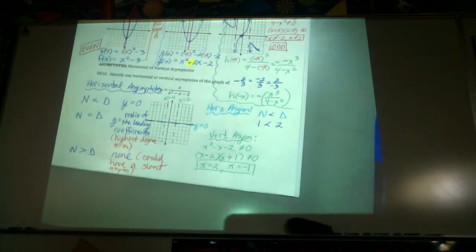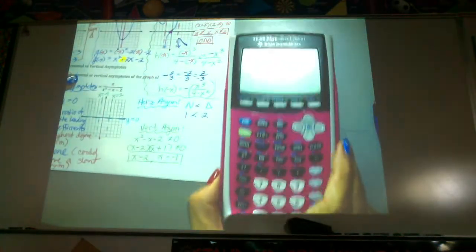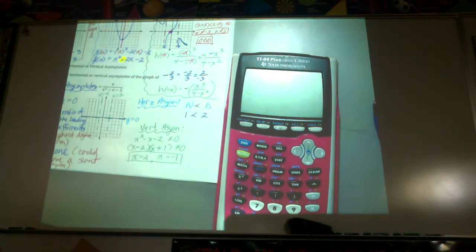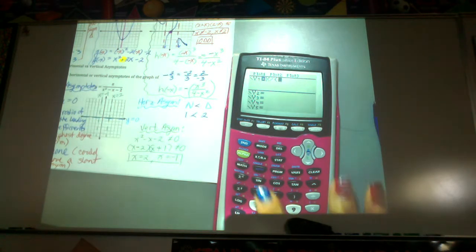Now we're ready to use our calculator. Your calculator is not going to show those asymptotes. Or if your calculator does show the asymptotes, it looks weird. All right, so we have x divided by parentheses, x squared minus x minus 2.